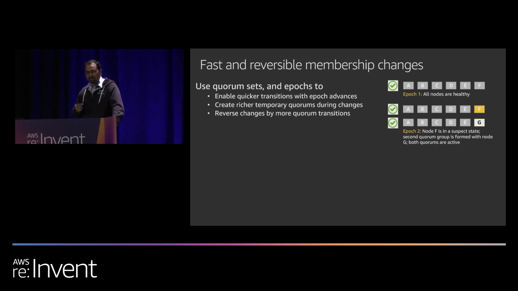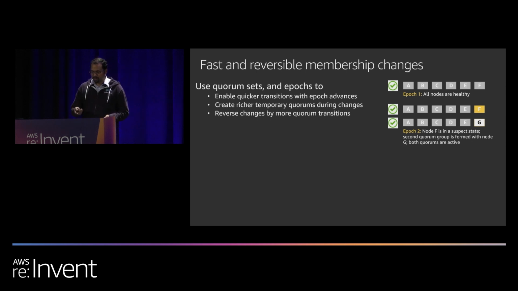In which case, we create another quorum for the same replication group by adding a machine G. So now we have created 2 quorum sets: one with A to F, the previous one, and the future quorum set, which contains F replaced with G. In this state, there are 7 nodes in that protection group. The database instance now writes to both of these quorum sets and waits for 4 out of 6 from both of them. So essentially, if F is up in the database's view, it is actually writing to 7 nodes instead of 6.